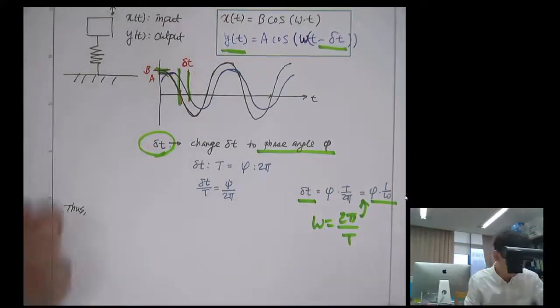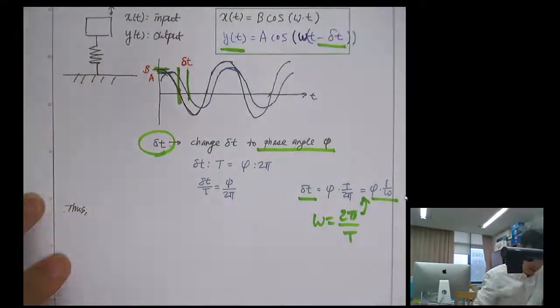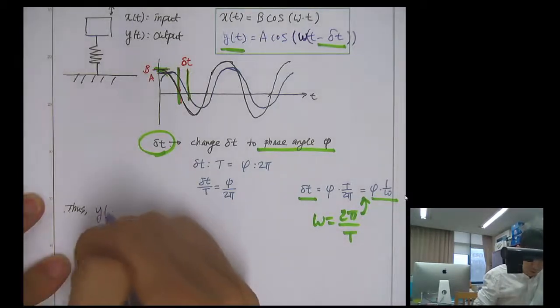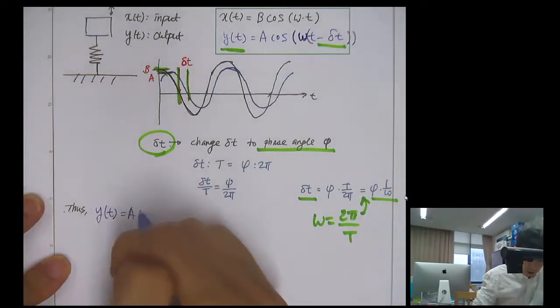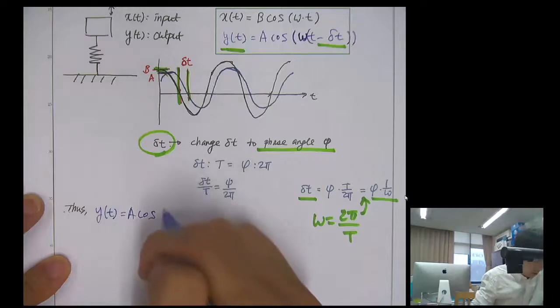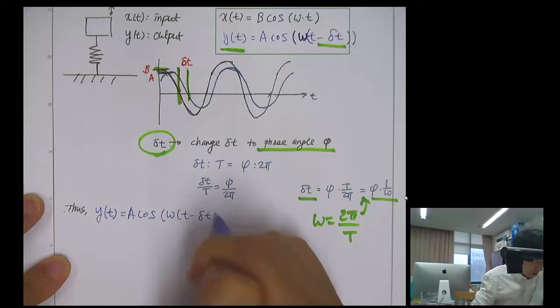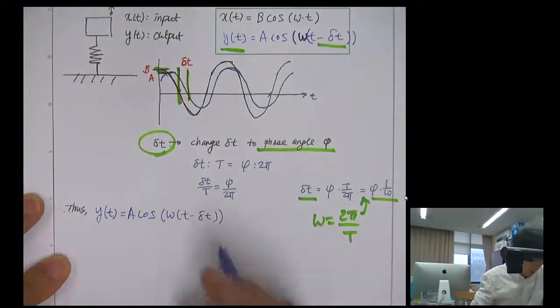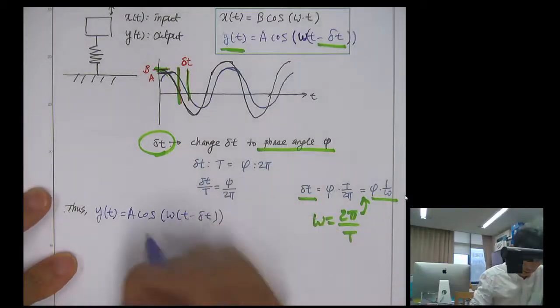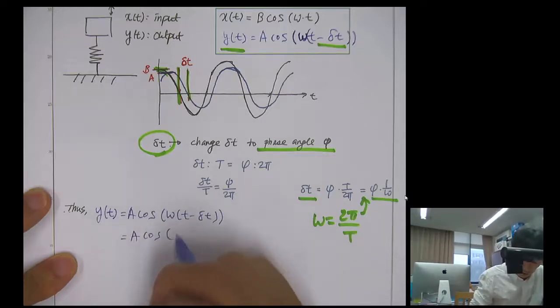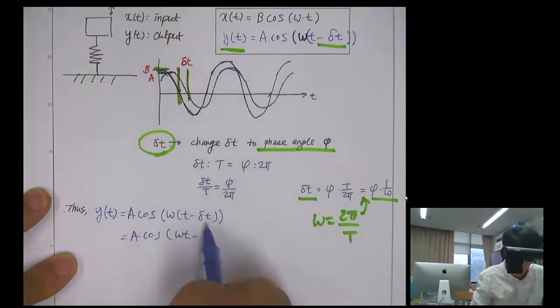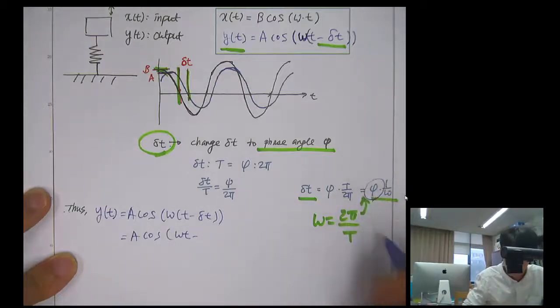So then if we put this into y(t), which is a cosine of omega times (t minus delta t), omega times delta t will be what? Phi, right?